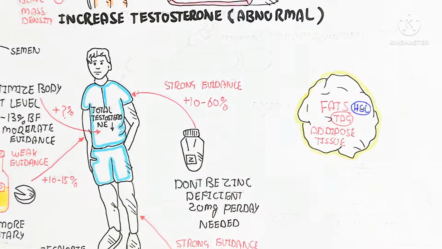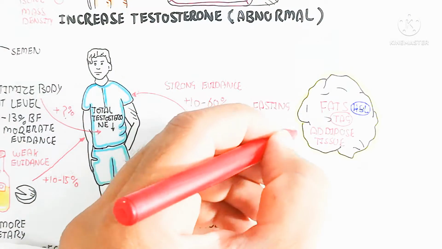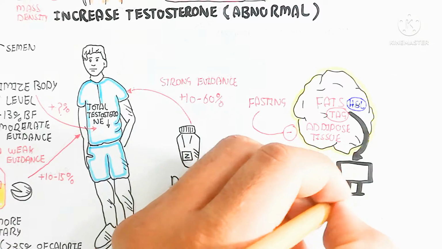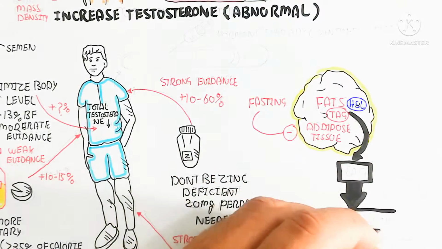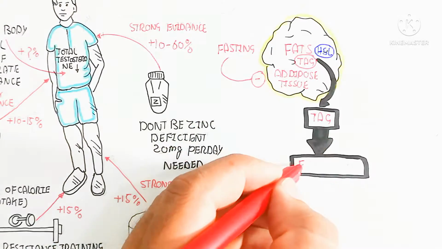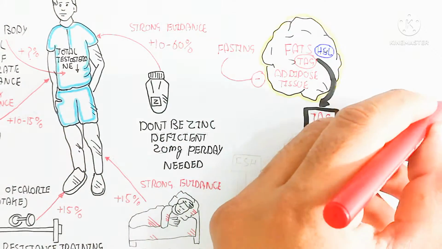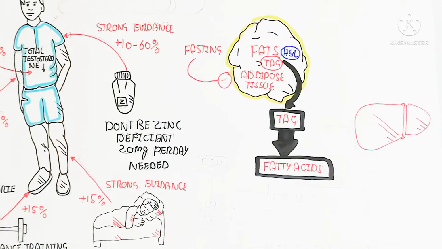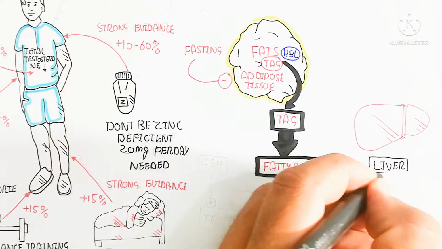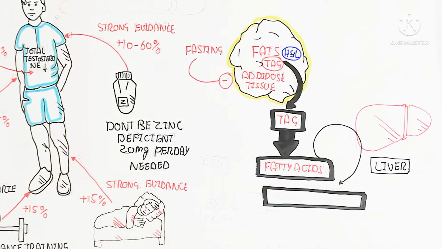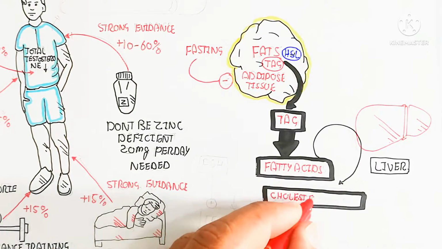Why? Because the fat stored in adipose tissue is not working, it is just being stored. But during fasting, hormone-sensitive lipase enzyme is triggered and converts triacylglycerol into fatty acid and glycerol. The liver uses these fatty acids and also produces cholesterol through the HMG CoA enzyme.